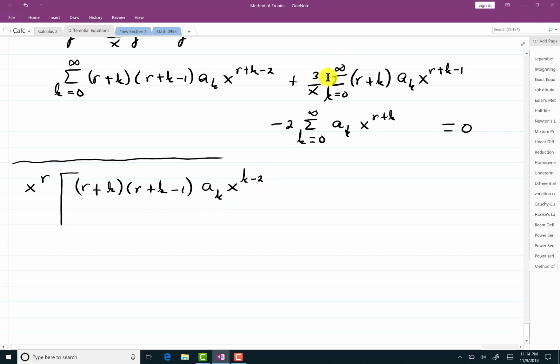Now here, I'm going to pull the 3 over x inside. Then we'll have a sub k. When I pull this x to the negative 1 in, I'll get x to the k minus 2. And then the last one, I'll pull just the 2 in. I'll leave the minus there.